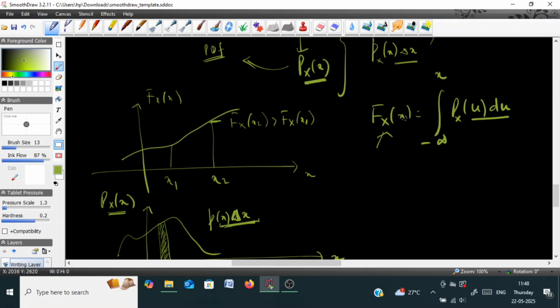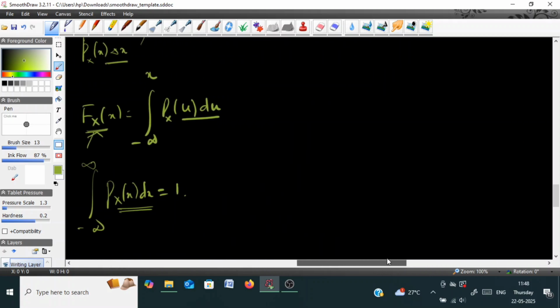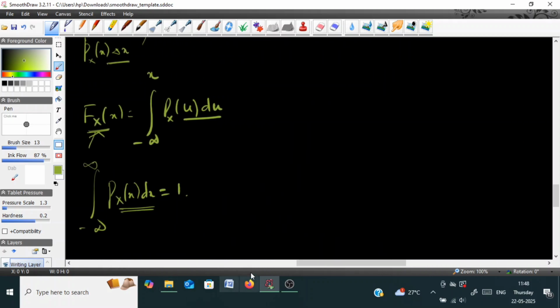And if you put x equal to infinity, since the CDF at infinity is 1, you'll get the integral from minus infinity to infinity of p_X(x) dx as 1. So the area under the probability density function should be unity. Okay. In the discrete case, the sum of all the probabilities was 1. In the continuous case, the area under the PDF is going to be 1.